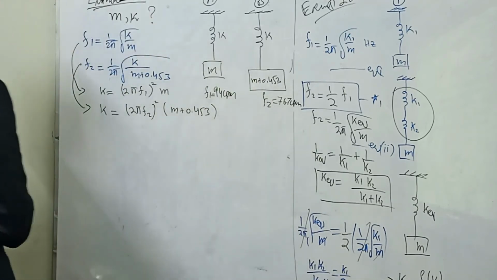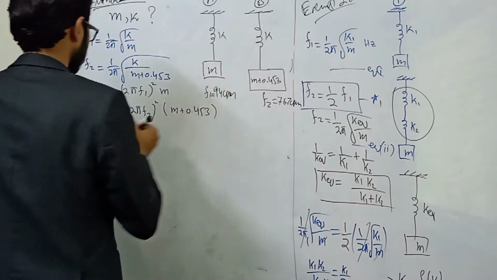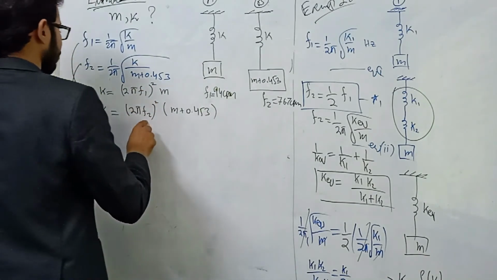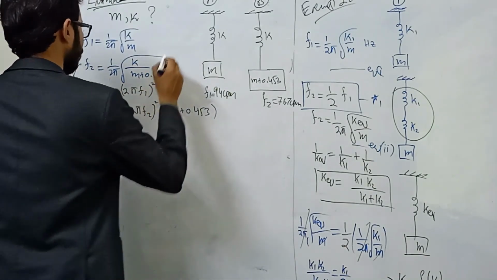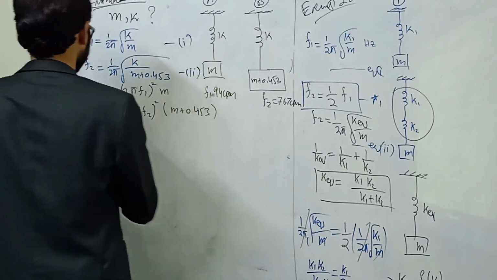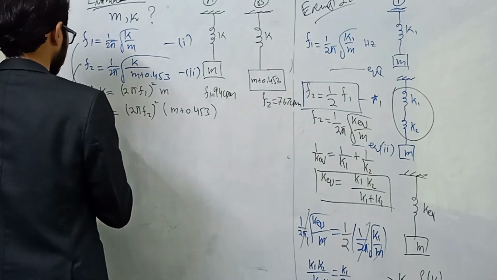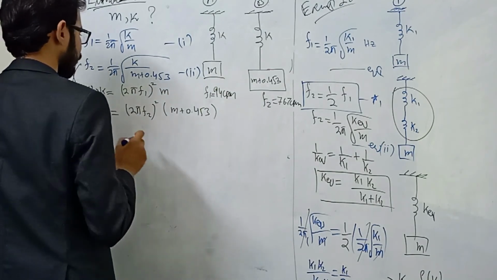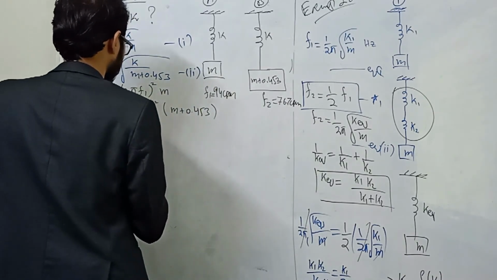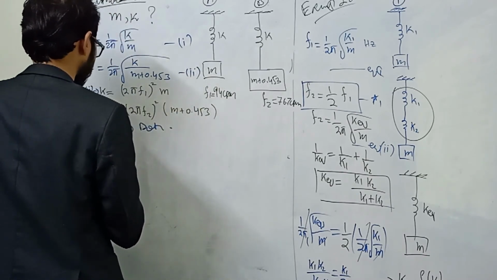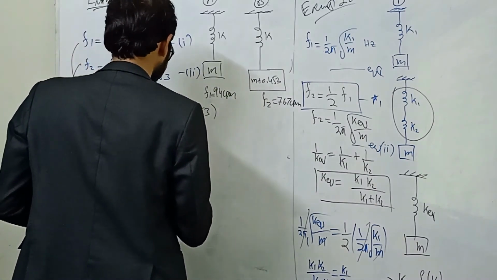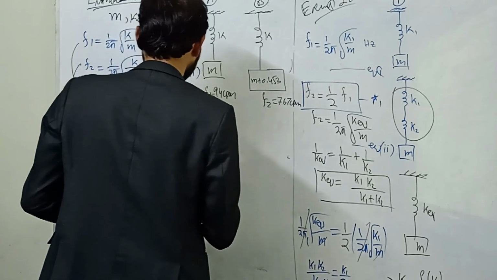So we are provided with the values of f1 and f2, so we can compare both of them. So comparing both, we have 2 pi f1 square into m, that is equal to 2 pi f2 square into m plus 0.453.